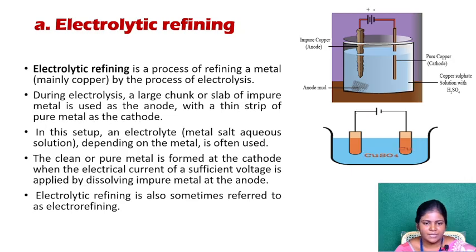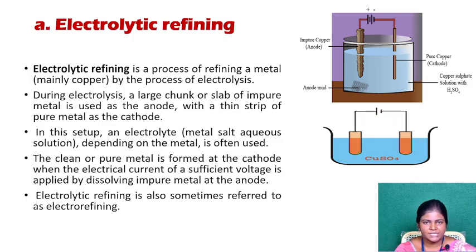In this setup, an electrolyte, that is a solution, contains the metal salt aqueous solution depending on the metal which is used. The clean or pure metal is formed at the cathode when an electrical current of sufficient voltage is applied.